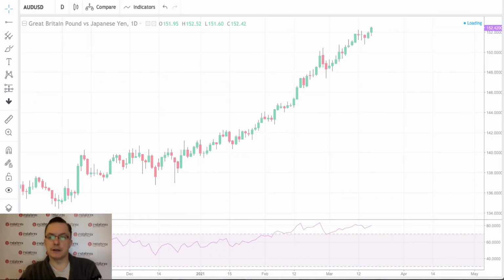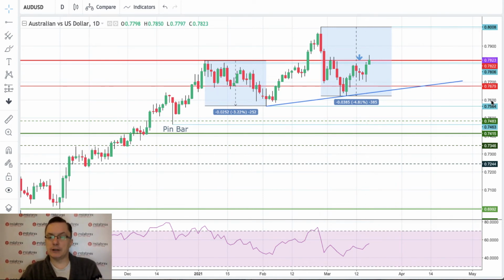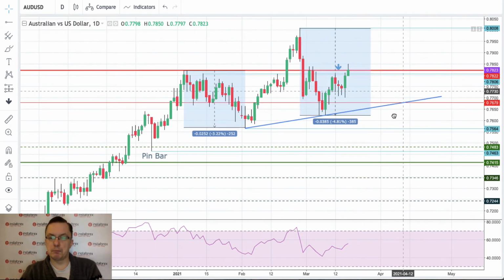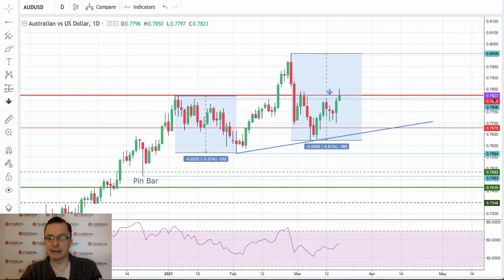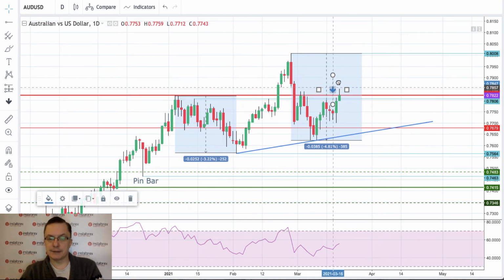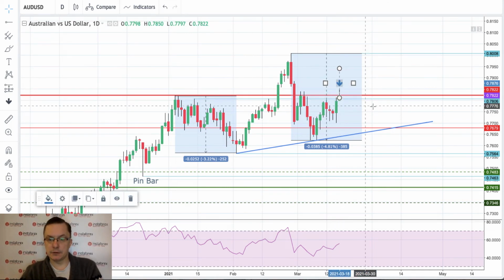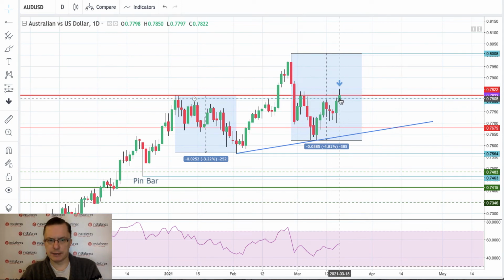Yeah, Australian dollar. What is going on here? The Aussie tried to break above 7,823. But as you can see, it made a new local high at 7,850. Okay, that's fine. So as I said, we are still building this right arm for the shoulder, head and shoulder pattern.